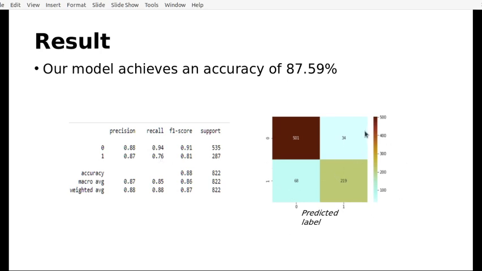Even in the confusion matrix here, we can see the number predicted as negative among actual positive data is high compared to those negative that were predicted as positive, and this is because of the data ratio. Our data ratio was imbalanced between the two labels, and this made the model more sensitive in predicting negative compared to positive.